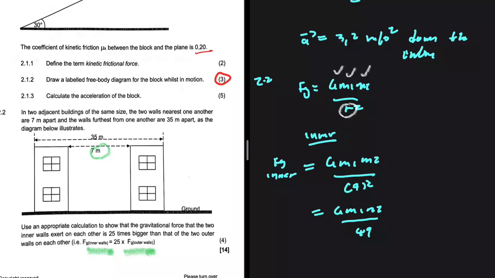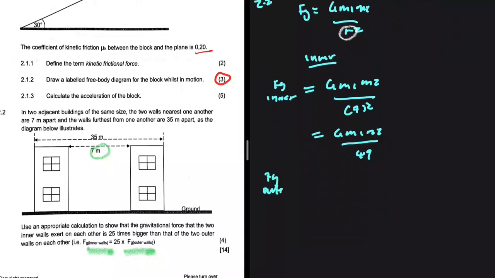Now we can go ahead and set up the same equation, but now for the outer walls. The outer walls are 35 meters apart from each other. So Fg of the outer walls is equal to G m1 m2 divided by 35 squared.